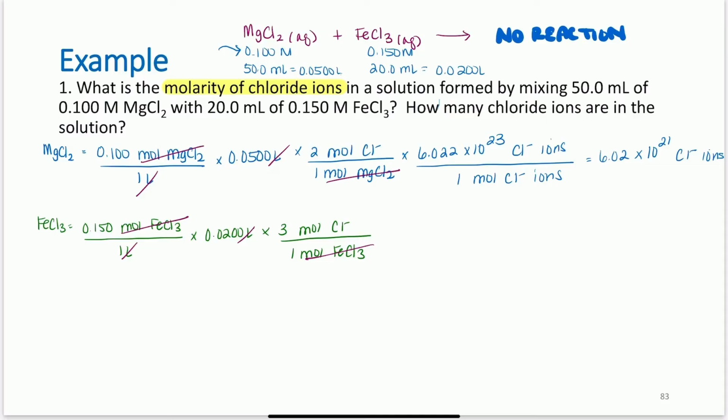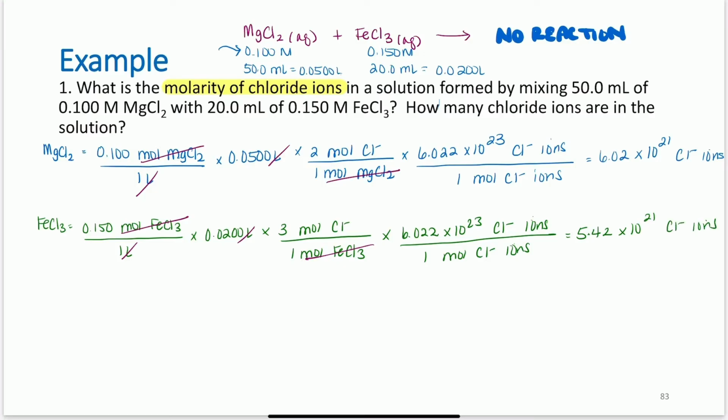And now I can use Avogadro's number, 6.022 times 10 to the 23rd chloride ions for every 1 mole of chloride ions. And that gives me 5.42 times 10 to the 21st chloride ions.